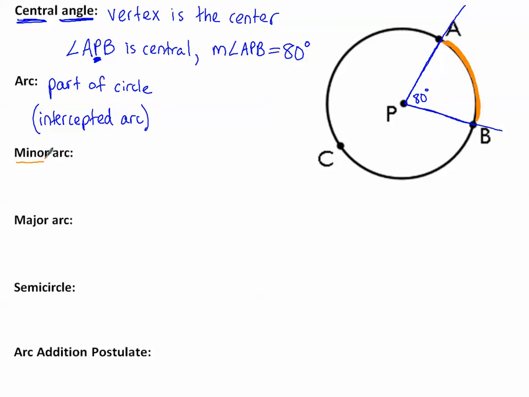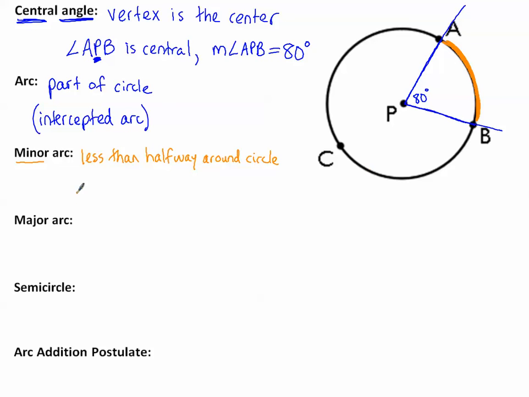Minor means less, major means more. Minor, small, major, big. Minor is less than halfway around the circle. So that's why from A to B, that arc is only a minor arc, because going halfway around the circle would be at least that much.